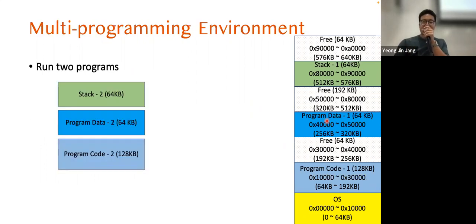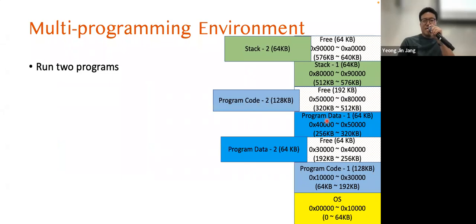And then suppose we have another program. When we load program 1, it can use any part freely because there's no existing program at all. But when we load the second program at the same time, it's now a multi-programming environment, since we may use several programs on the operating system.